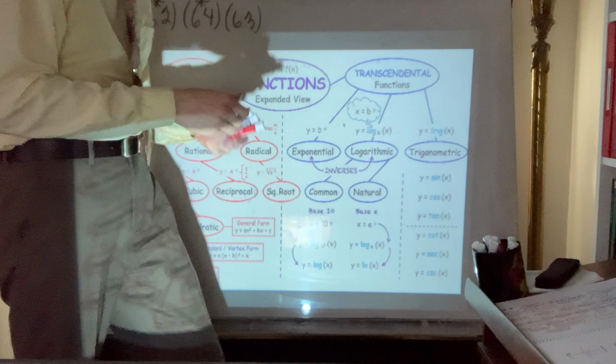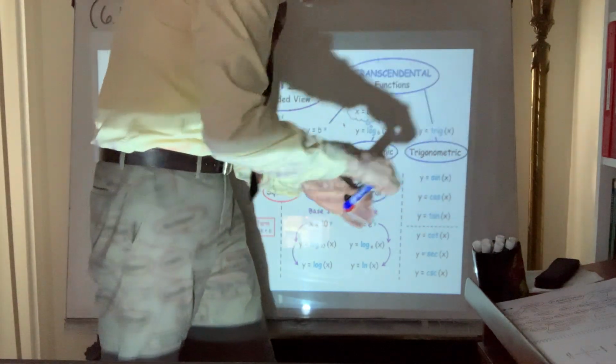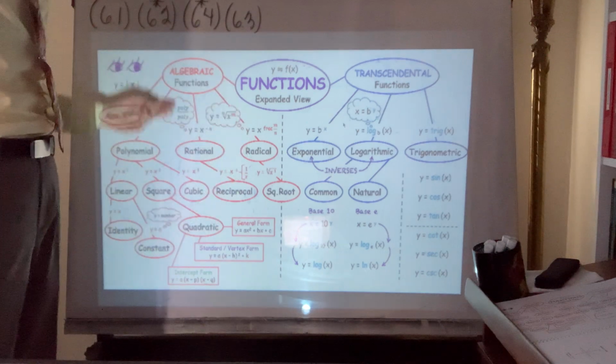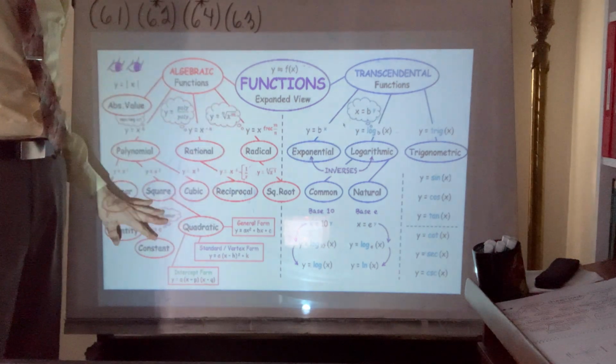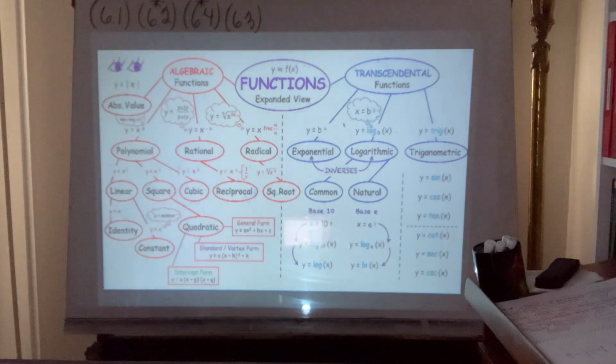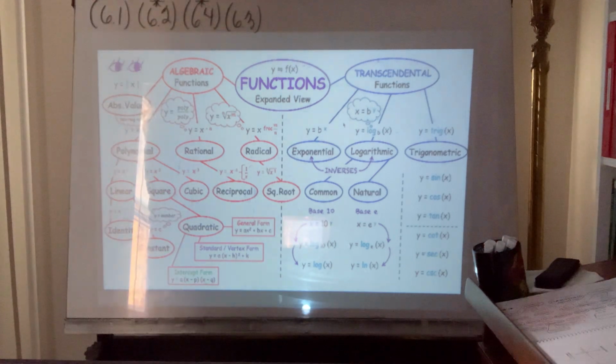Here, as I mentioned, is the overview that I've been working on. They could always be improved, but to this point we had been discussing algebraic functions, the first half of the course.